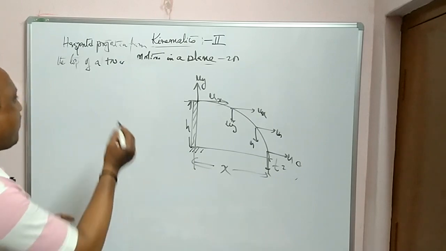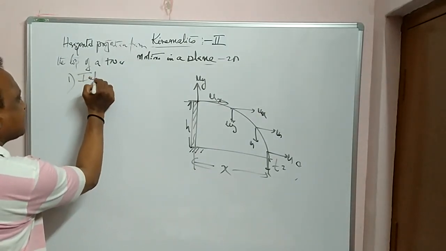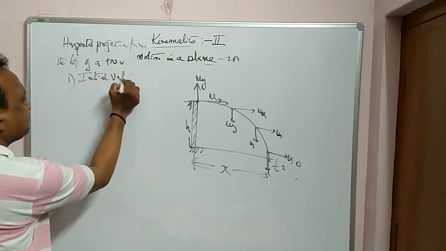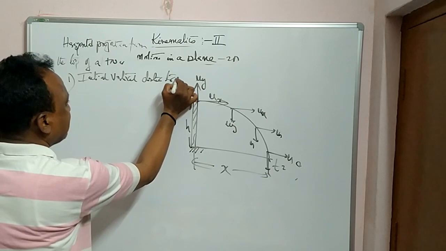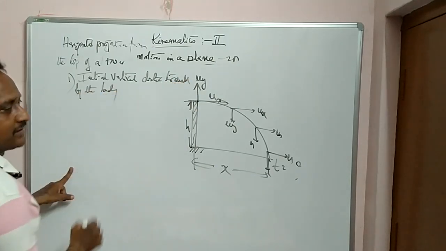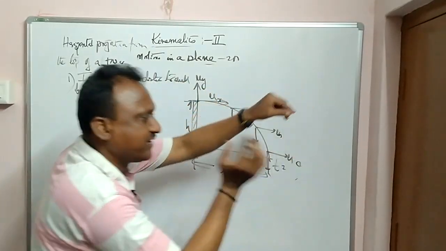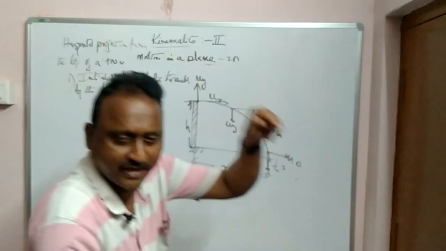In this case, you have to observe two points. First, the initial vertical distance traveled by the body. When you throw, first it travels the initial vertical distance, then it falls down by gravity.